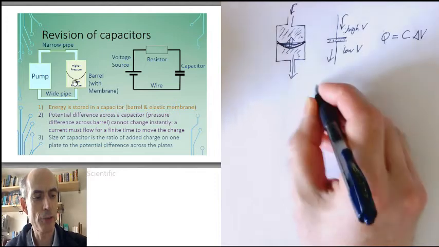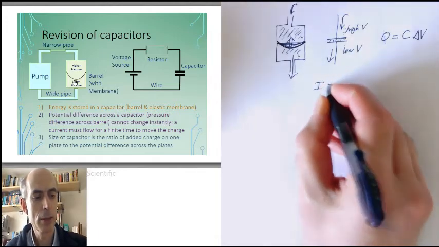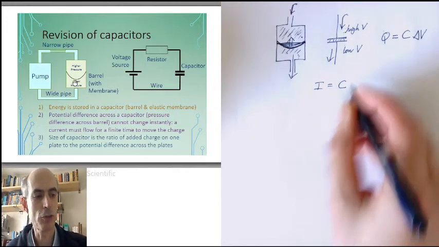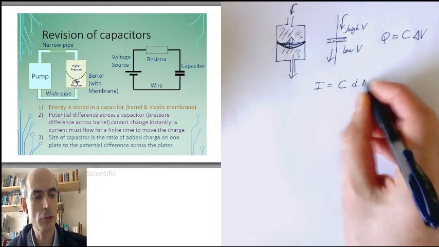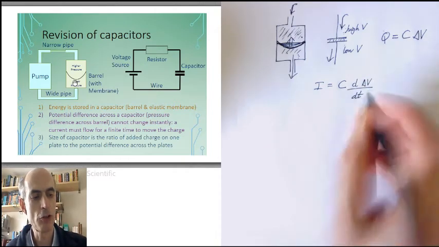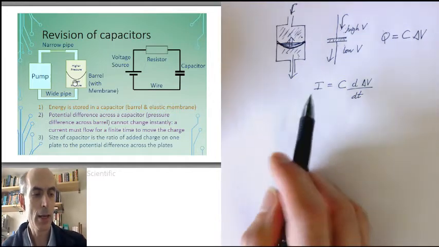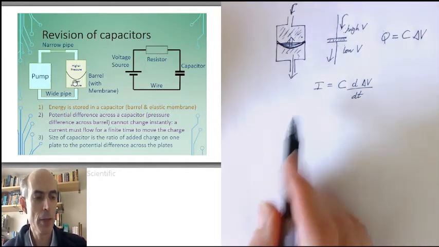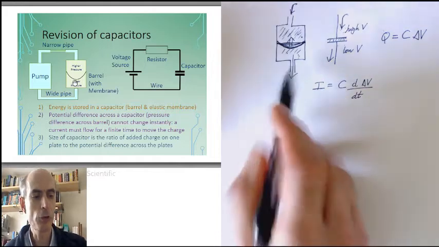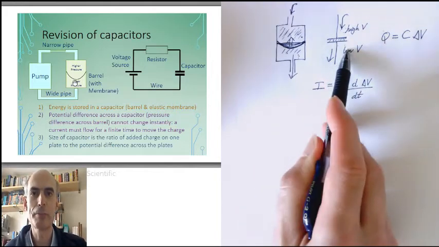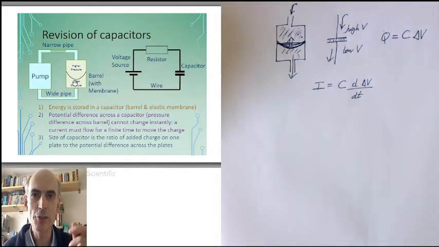So I can write this as the current equals C, which is a constant, times the rate of change of the voltage across the capacitor. And that means that we cannot have a voltage across the capacitor that suddenly and instantly changes.